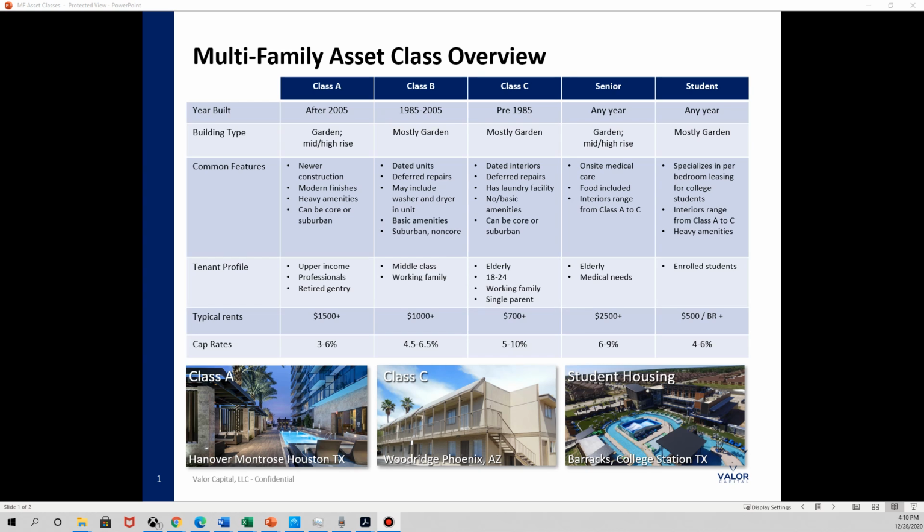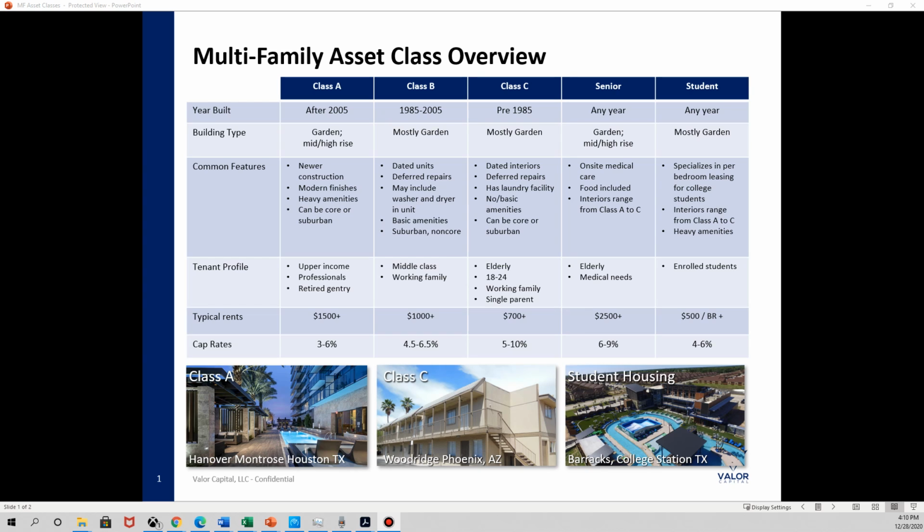From our perspective, there are five main classes of multifamily assets: Class A, B, and C, student housing, and senior housing. Student and senior housing both have multiple subcategories within those categories, but these are really the five main categories.